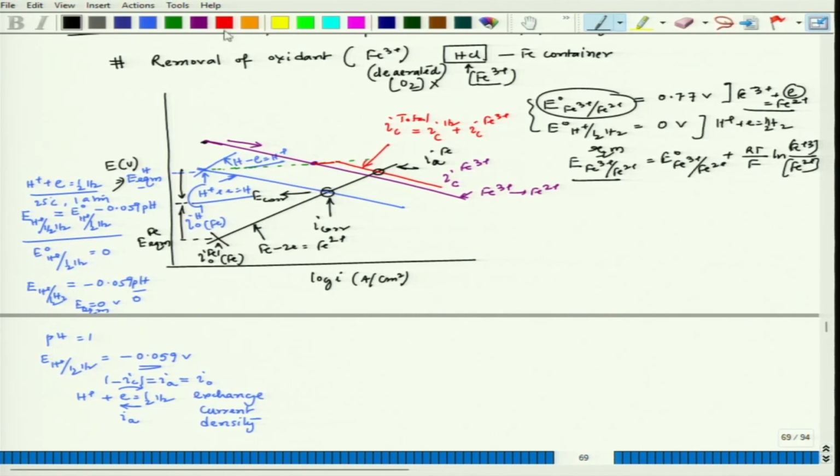So this will be my new mixed corrosion potential, and this particular point would be I core. Okay.